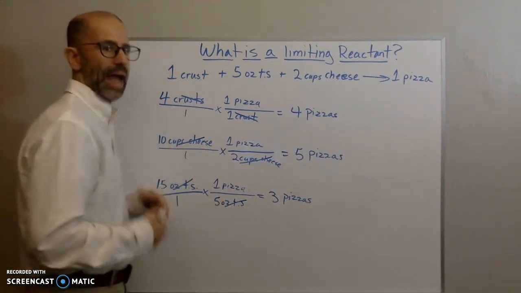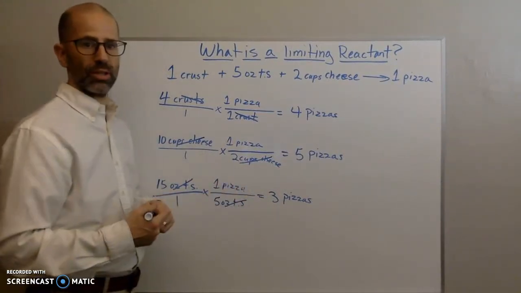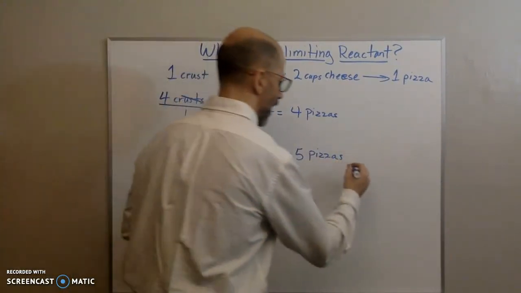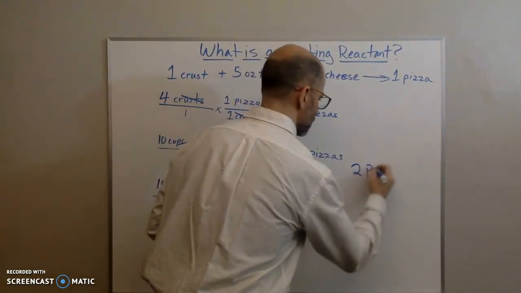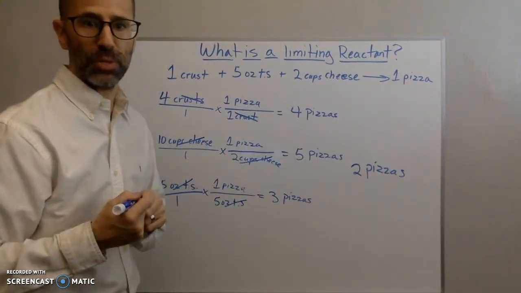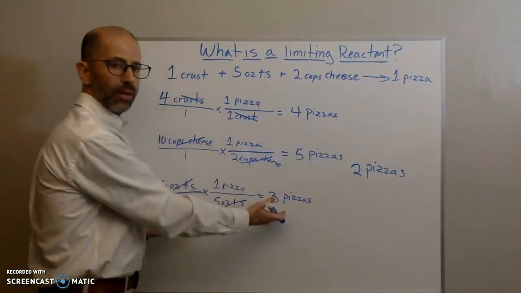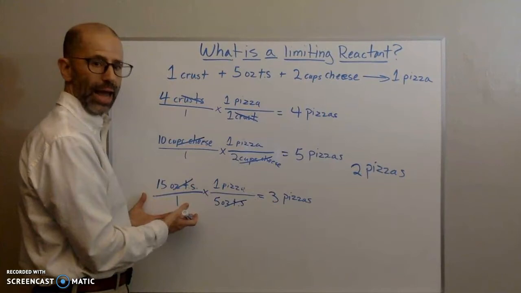So my actual yield of pizza making is 2 pizzas. I actually make 2 pizzas, but theoretically, I could have made 3 based on what I had.